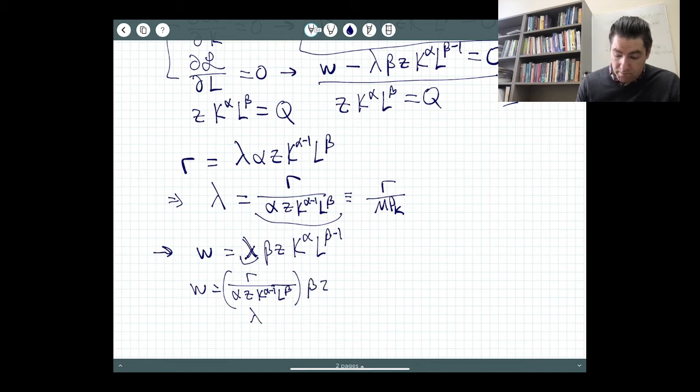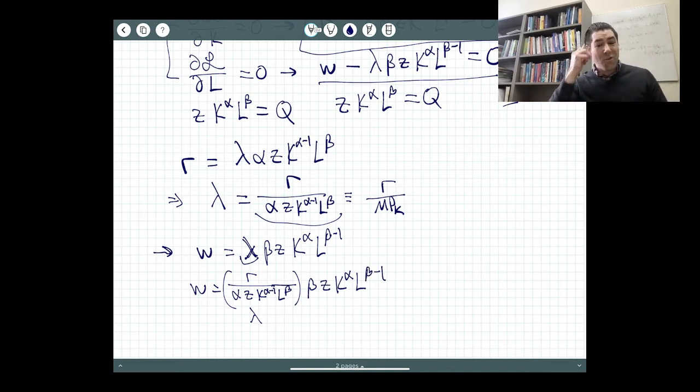And then it's times beta z k to the alpha L to the beta minus 1. So it looks pretty hairy at first, but we're going to get a lot of nice cancellations here, right? So first, notice the z's are going to cancel. So I have z over z.